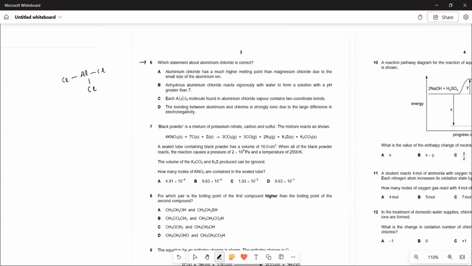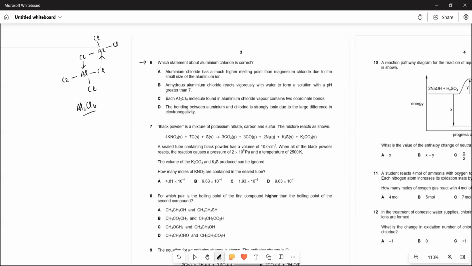Dimer means there are 2 aluminium chloride molecules which are linked together by a dative bond. So Cl, Al, and Cl, and Cl. This chlorine is making a dative bond with this aluminium, right? And this chlorine, that is the structure of Al2Cl6. Okay, let's see the options now.